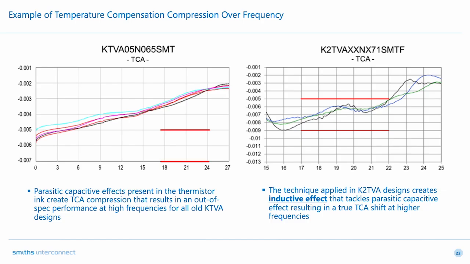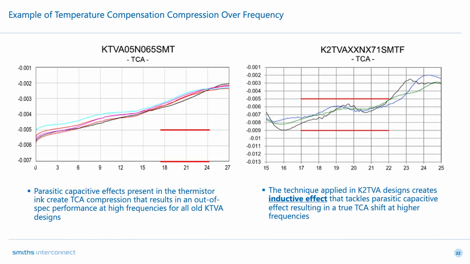As we get into higher frequencies, you can see on the chart on the left what the shift is, it's compressing. We're not getting as much shift as we expect. If we're going to be using these components out to, say, 20 gigahertz, where this component should be like a -7, we're only getting about a -3 type of compensation.